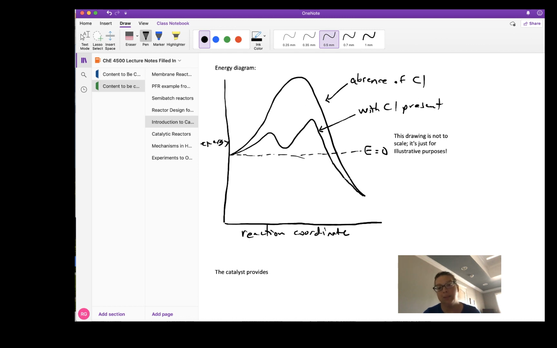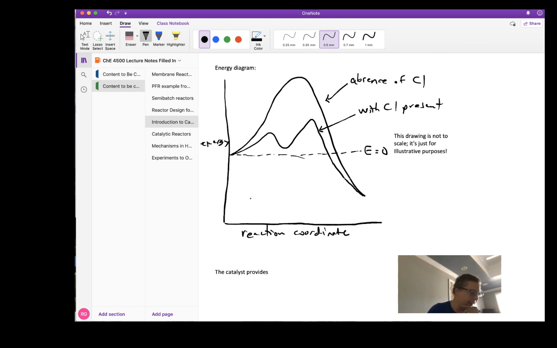So the catalyst is providing this lower energy route. And in fact, for the ozone species, the collisions need to have less energy in order to traverse these barriers than they do to traverse this one. Hence, this pathway is more likely and is going to happen more rapidly.